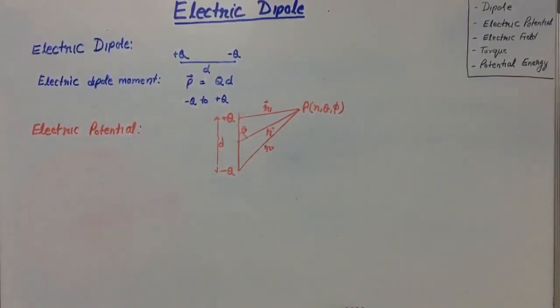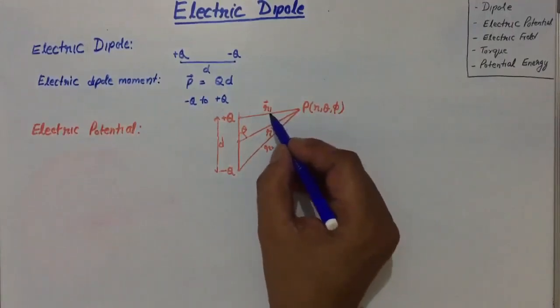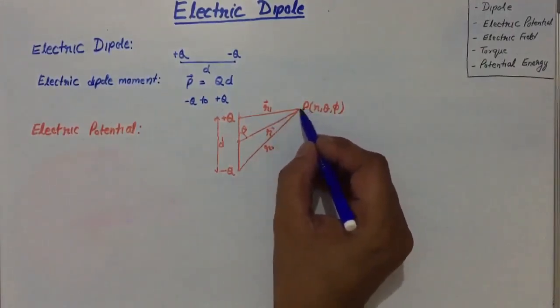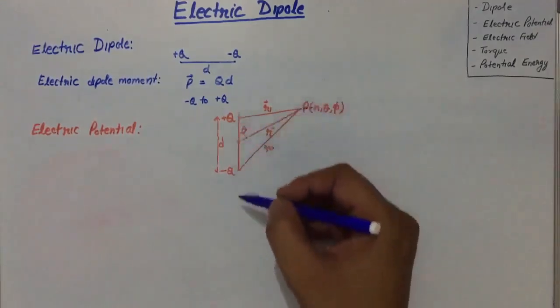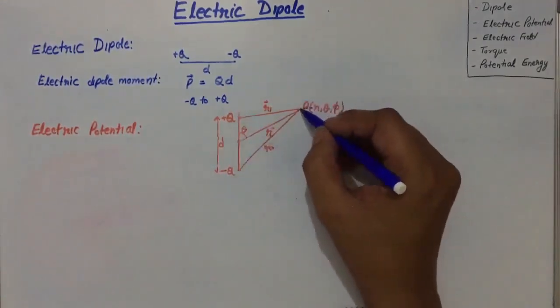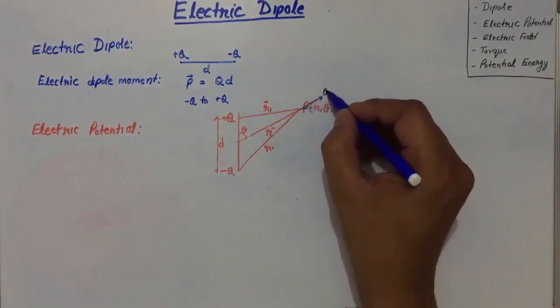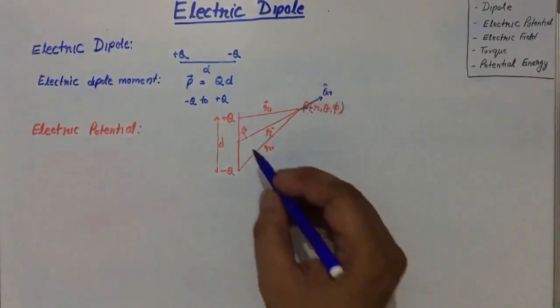Now the position vector r1 is in this direction, r2 is in this direction. The position vector of this point from the dipole center is in this direction. We can write like that.